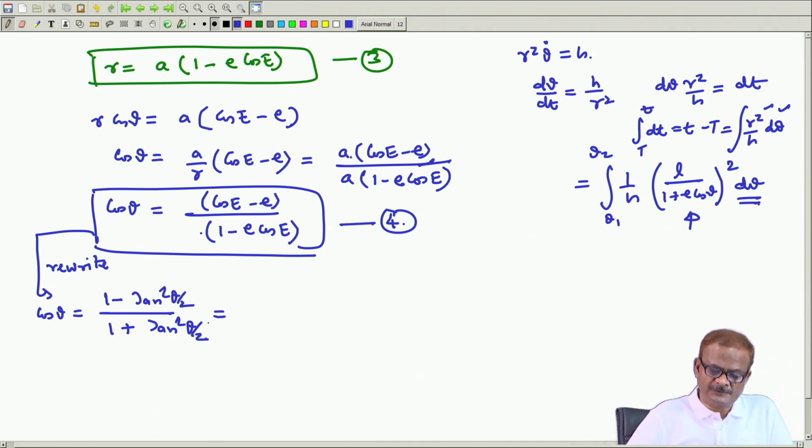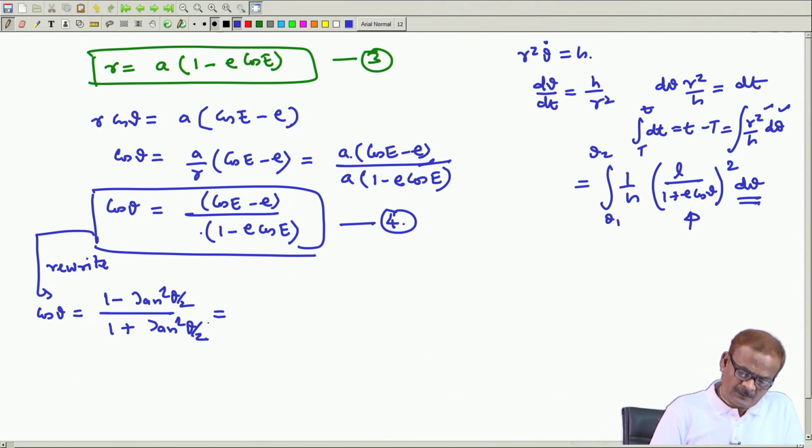So, we are using this trigonometric identity, and this is equal to (cos E minus E) by (1 minus E cos E).